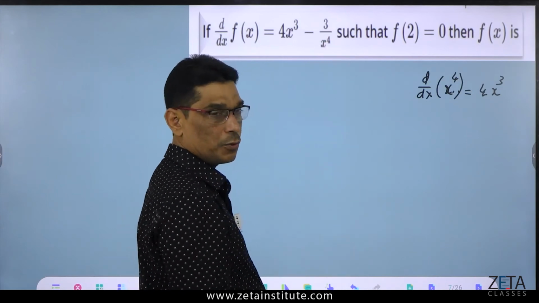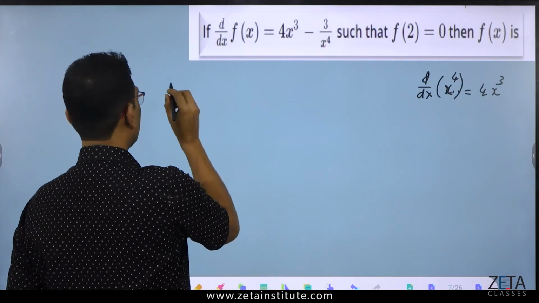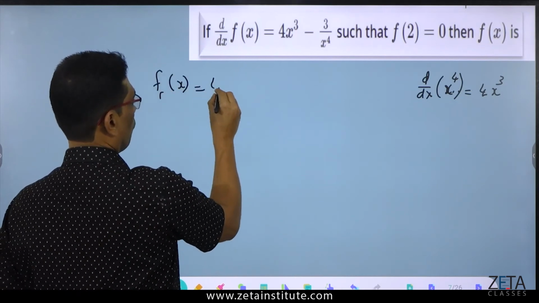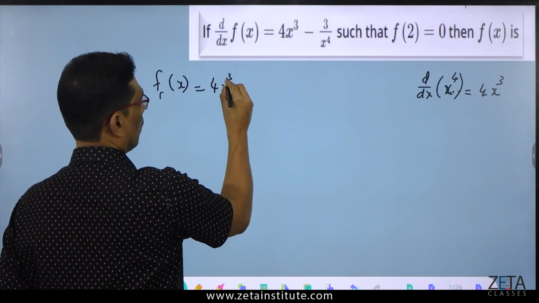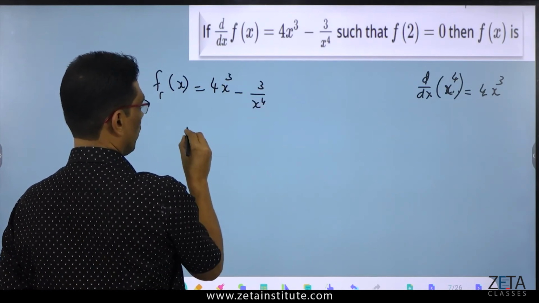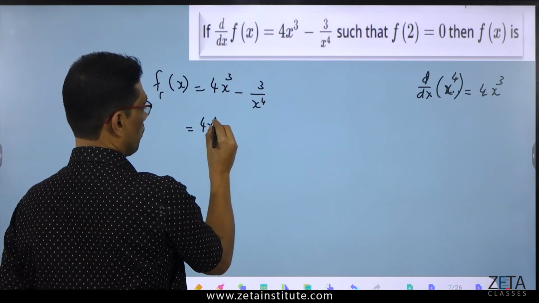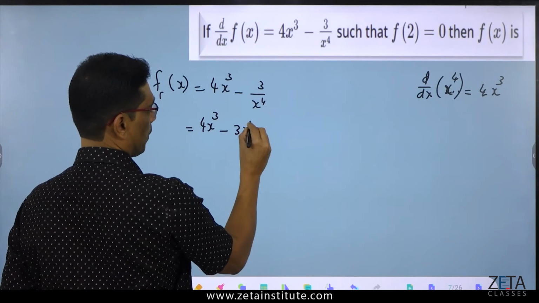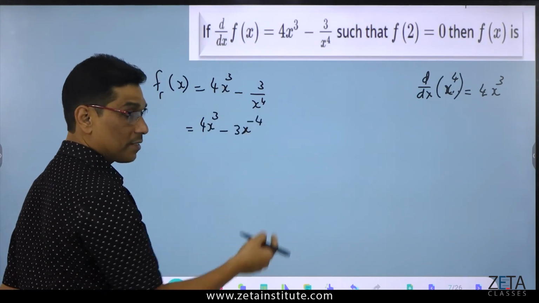1 by x raised to 4. So we can write 4x cube minus 3 by x raised to 4 as 4x cube minus 3 into x raised to minus 4.